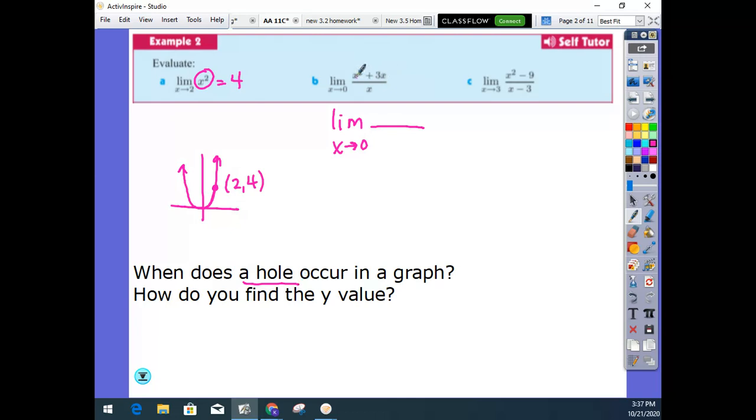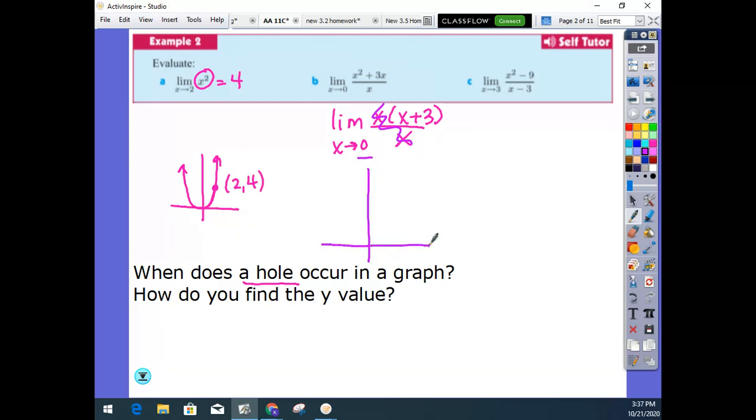So see, there is a GCF in the numerator. And so once you factor the numerator, you can see you can cancel a factor of x from the numerator and the denominator. Once you cancel that out, that means there is a hole at x equals 0.